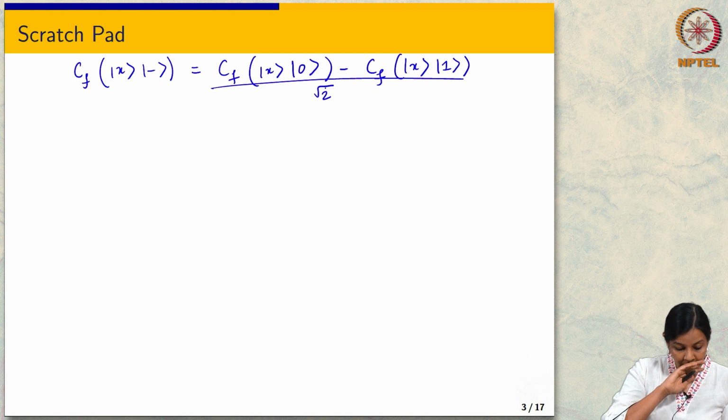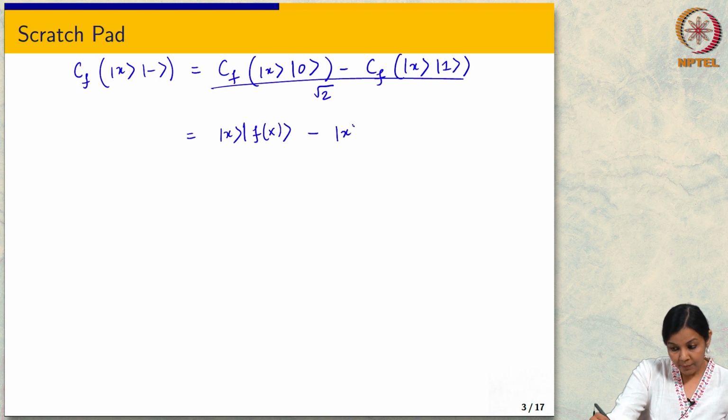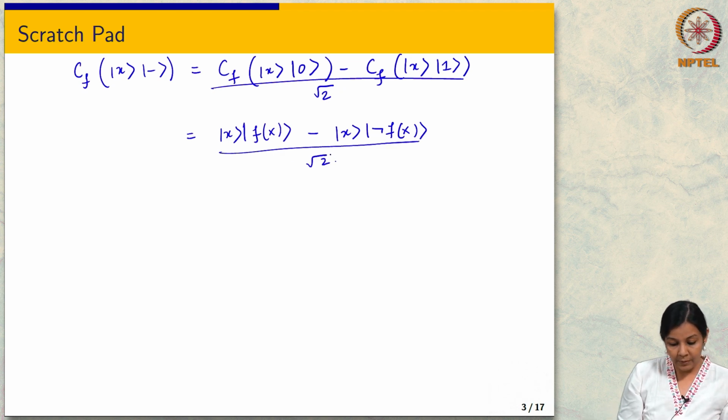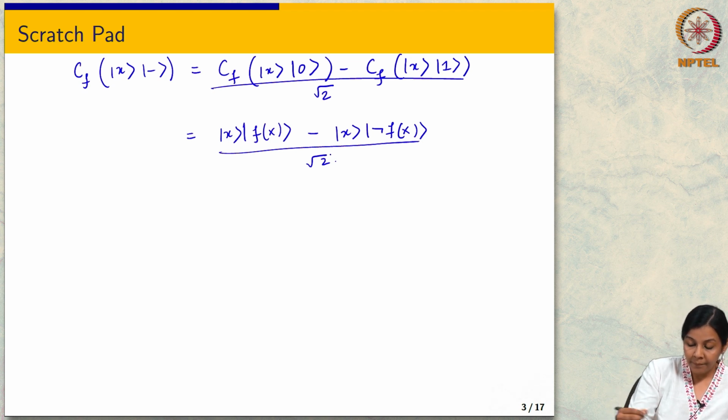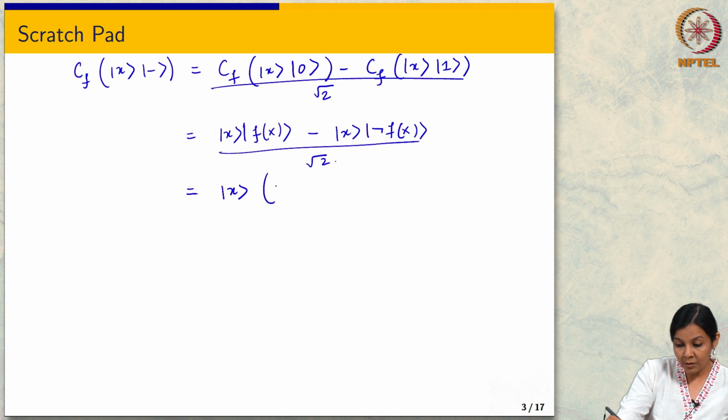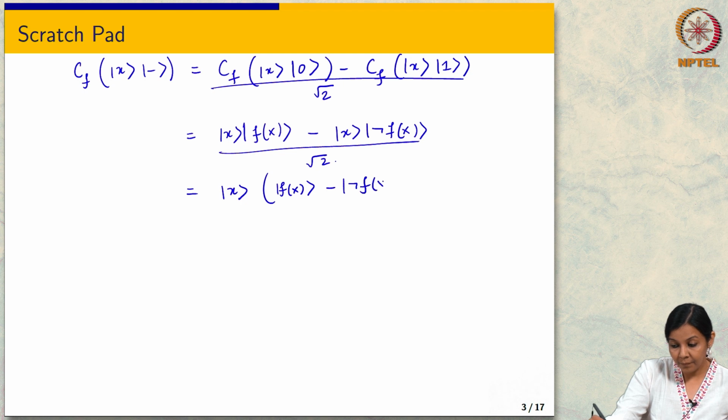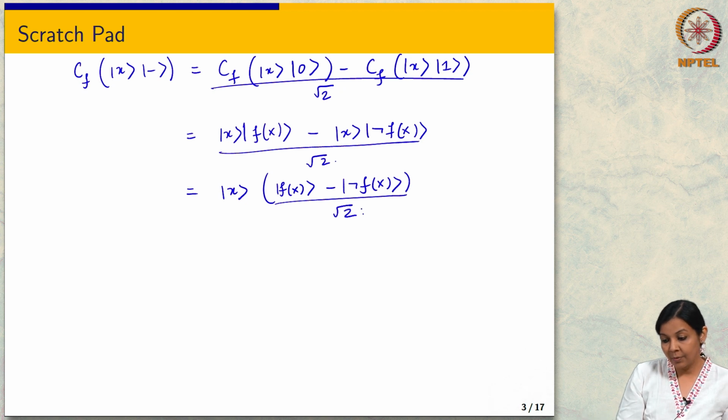So by linearity, this is x, f(x) minus x, the complement of f(x). And now of course I can take this x out, so I get f(x) minus. This is just some symbol pushing so far.